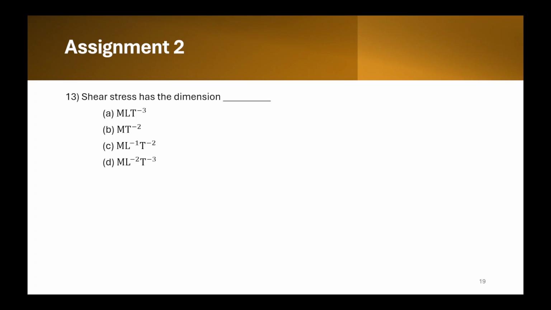Next question, shear stress has the dimension, again we have discussed this, the same as pressure. So pressure is force per area, and force is mass into acceleration per area. So kg into meter per second square upon meter square.